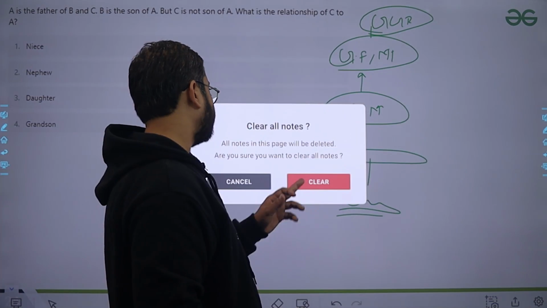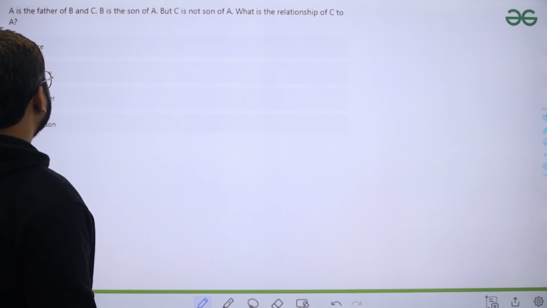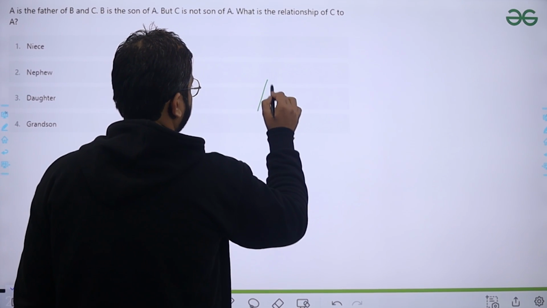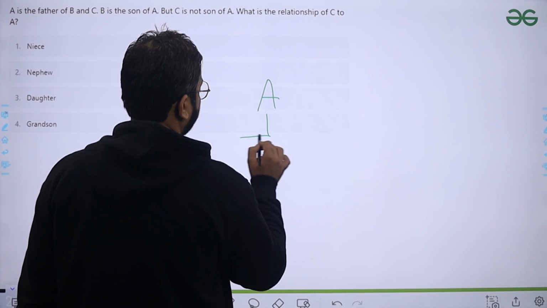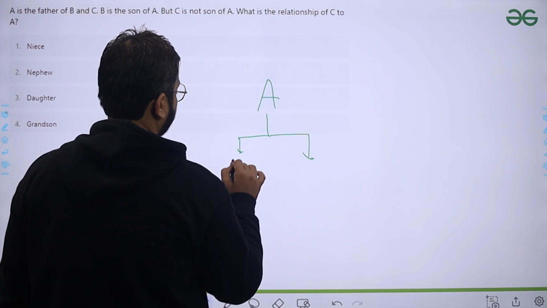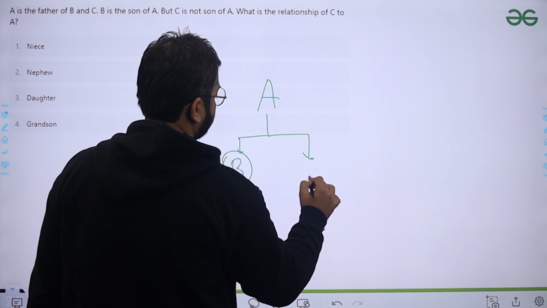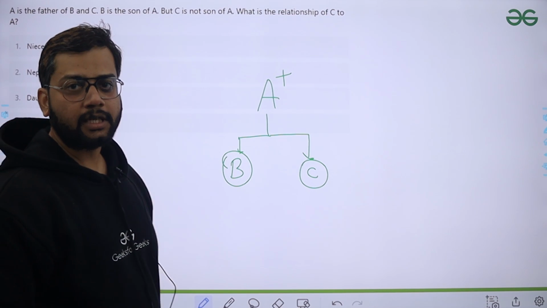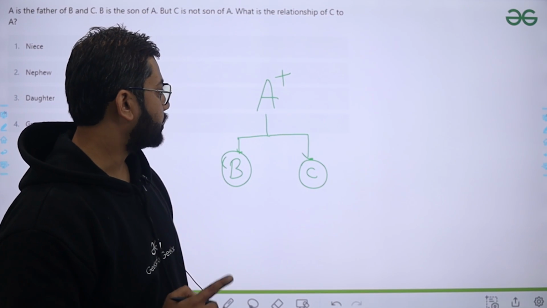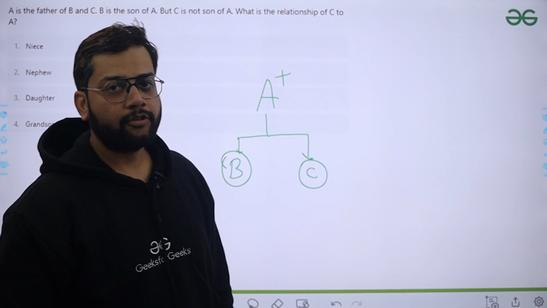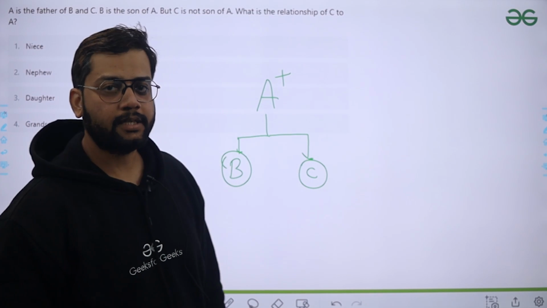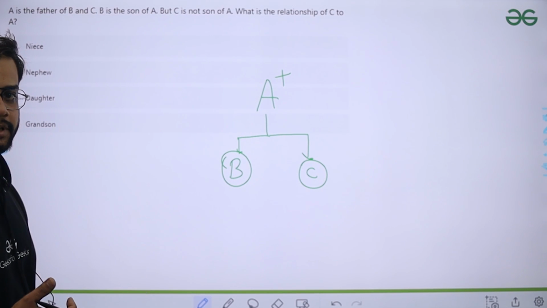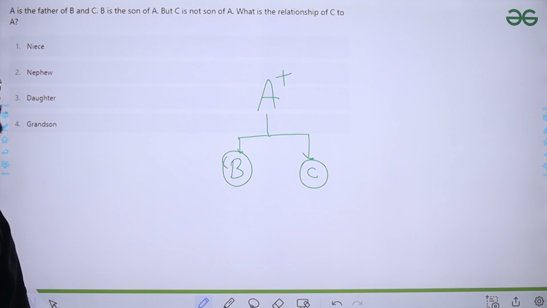Now see this question. A is the father of B and C. For father I am writing a plus, because for male I write a plus and for female I write a minus. This is the sign, which I use for my own convenience; you can use any other.